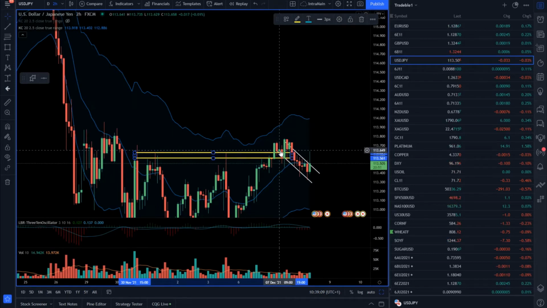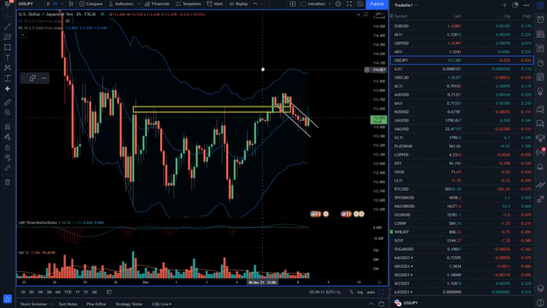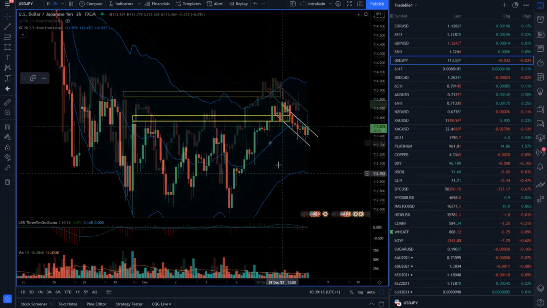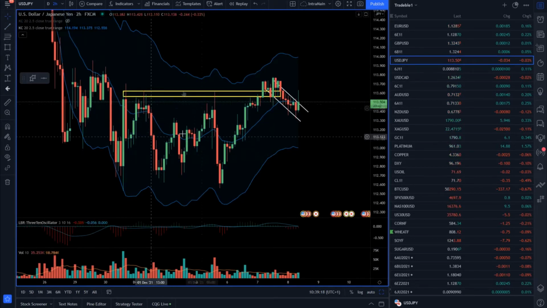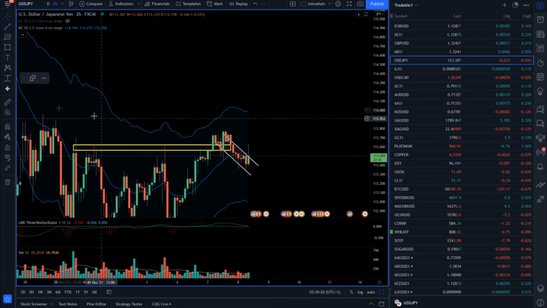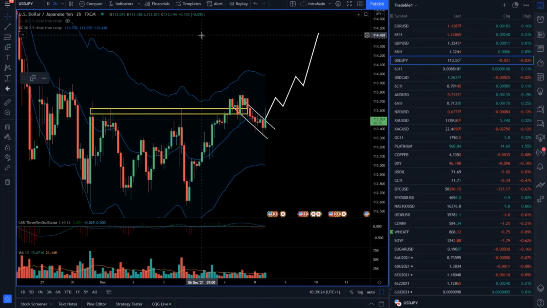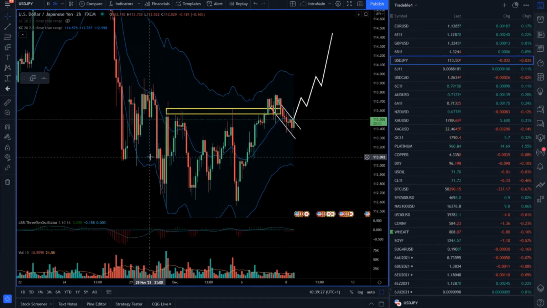So we had this breakout of the previous swing highs. And we're breaking this contraction, and from my perspective, higher time frames are confirming it, we eventually can have some decent upside on the USD versus Japanese yen.